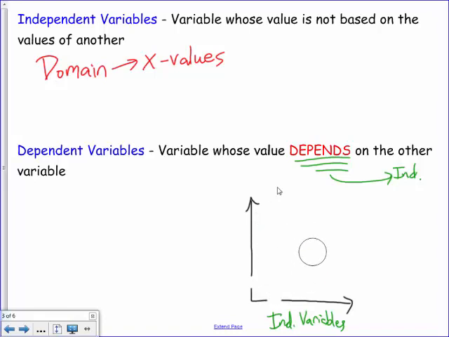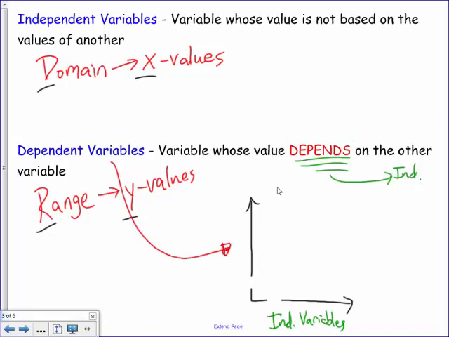So always have the independent variable on the x-axis, also known as the domain. The dependent values we call the range, and the range are just all of our y values. So domain, x's, range, y values. I just remember d comes before r, x comes before y. That helps me know which one goes with which. Obviously the range or the dependent variables always go on your y-axis.